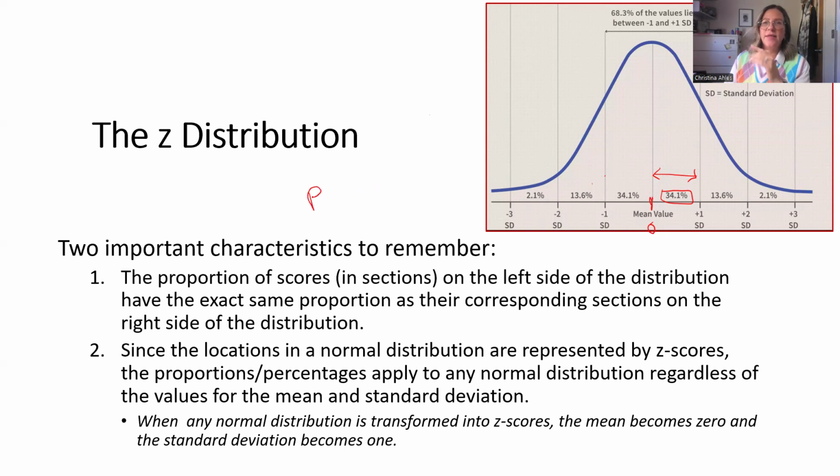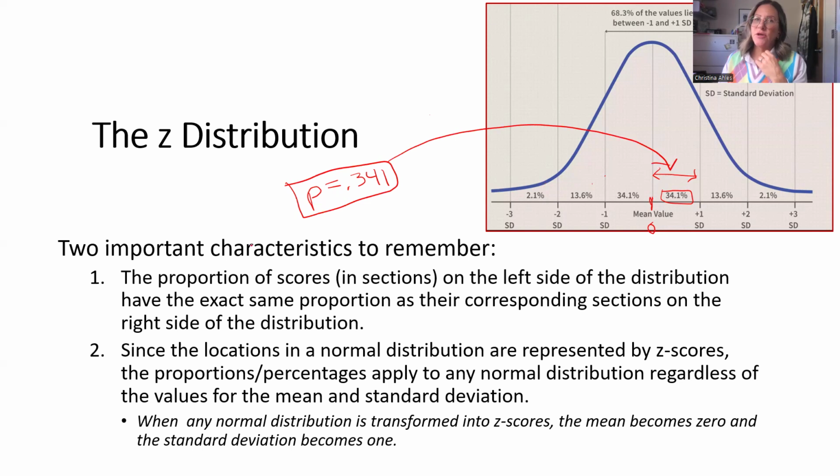So P equals 0.341. That would be our probability or proportion related to this section, converted to probability. If you move the decimal over 2 places to the right, that converts it to percentage. If you move the decimal 2 places to the left from a percentage, that's the proportion or probability.